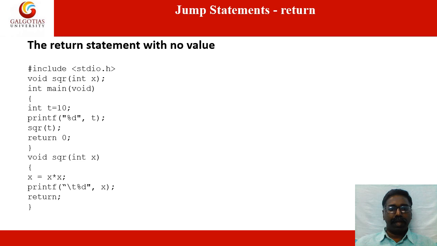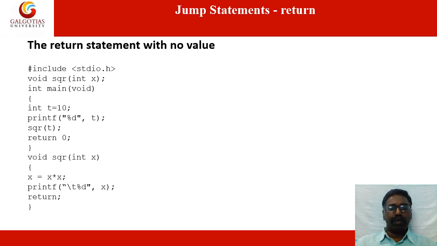Now in the function main, we declare an integer variable t equal to 10 and we print the value, that's all. And then we call the function sqr, that means square. In short form we have given sqr, and the actual parameter is t here. This t value is 10.